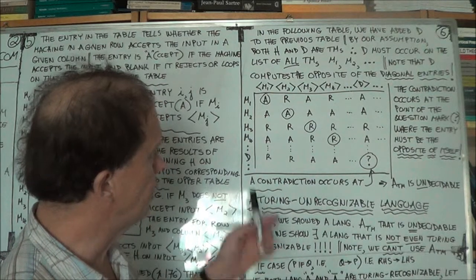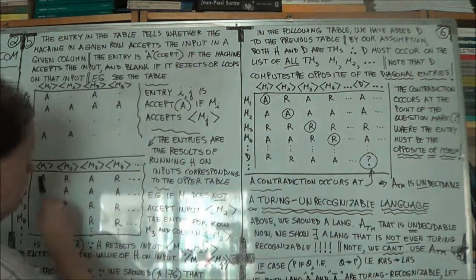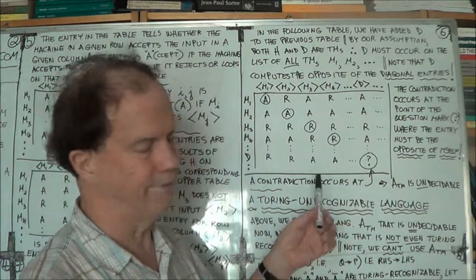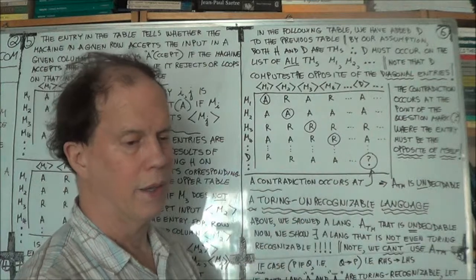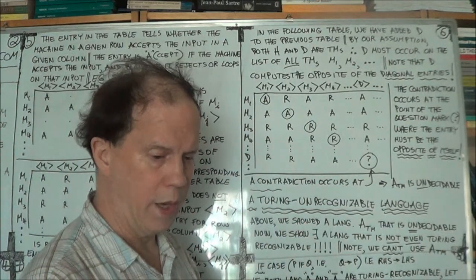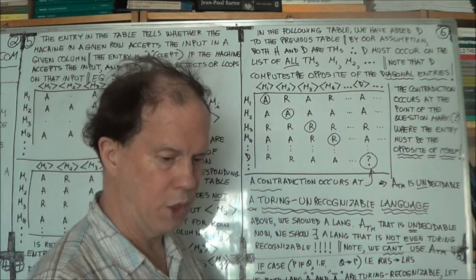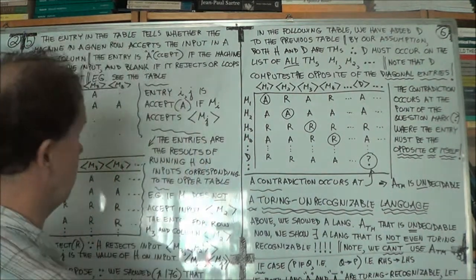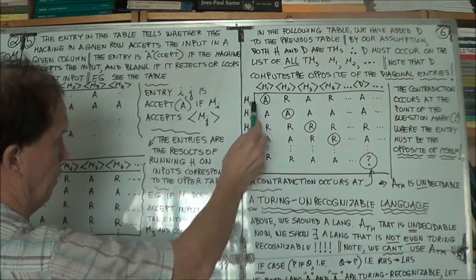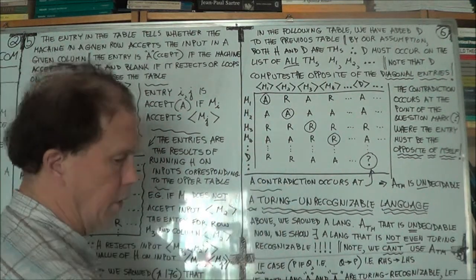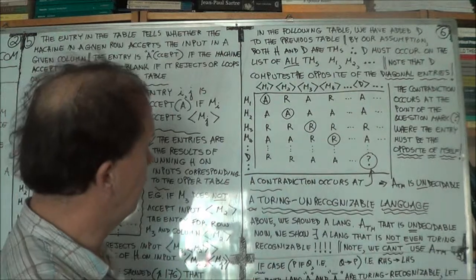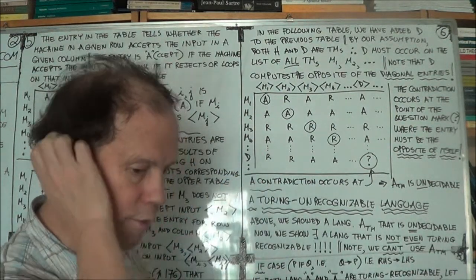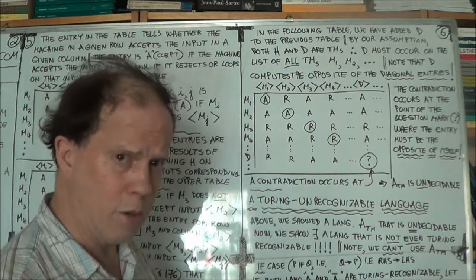We do the same thing. We just do this again, but we add, well, it's implicitly there anyway, Turing machine D, because D is a Turing machine, right? And remember, the number of rows is the countably infinite number of Turing machines.